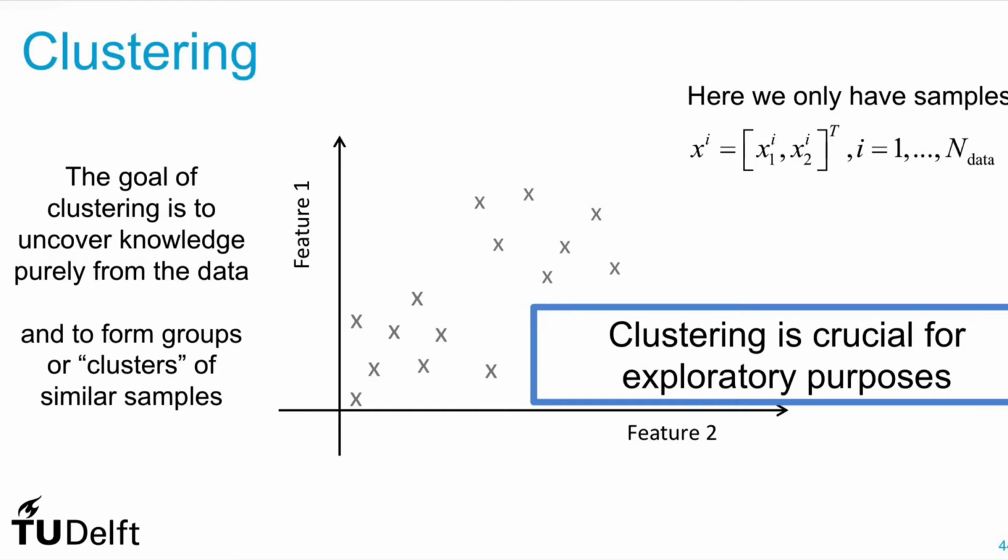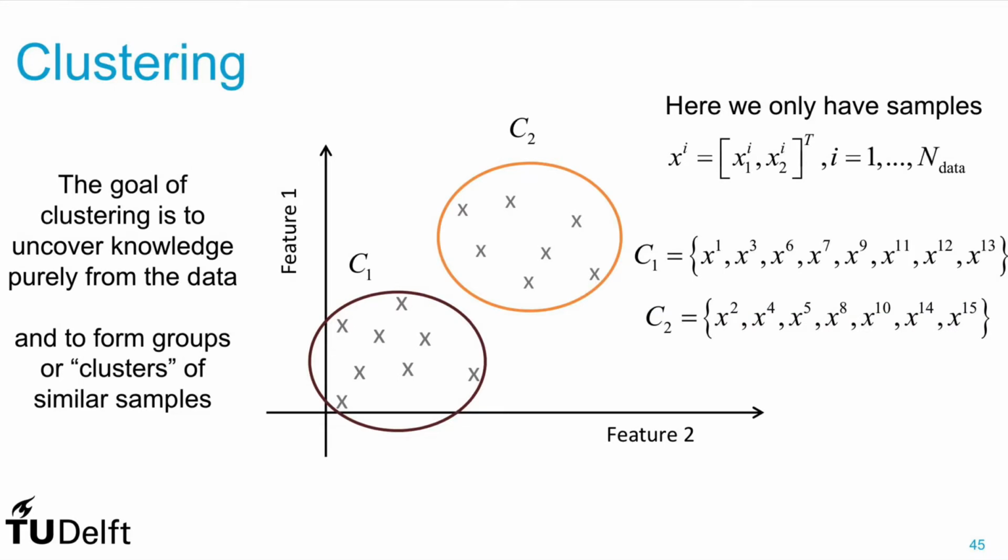So if you see the data that we have over there, it appears like there are two major groups of data. We can then draw those regions and call them two different clusters, where the data will belong to one of the clusters, cluster 1 or cluster 2.